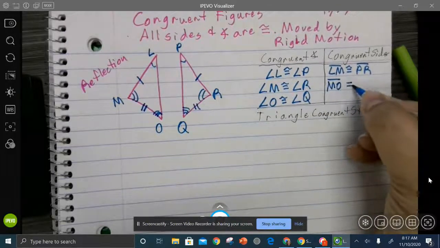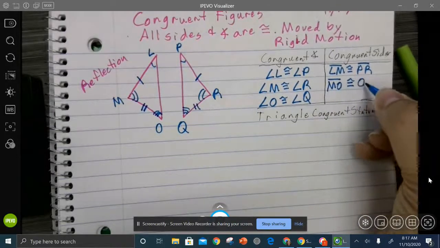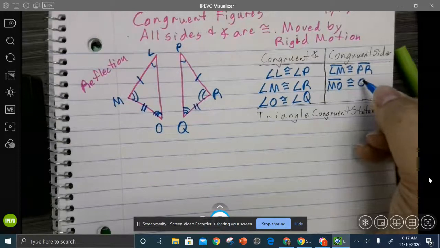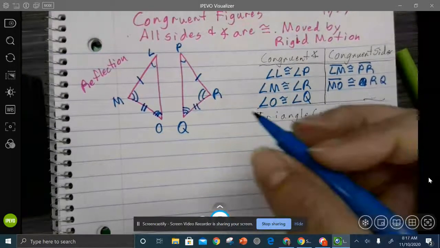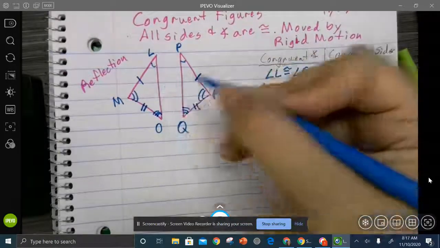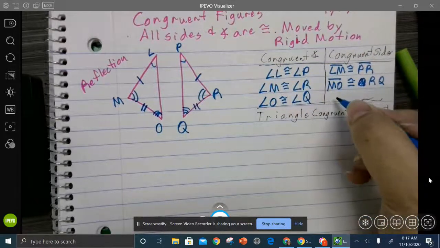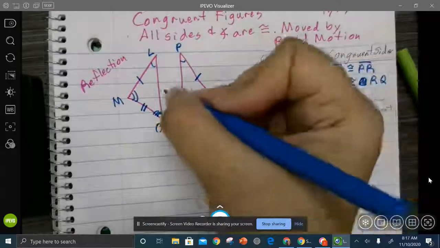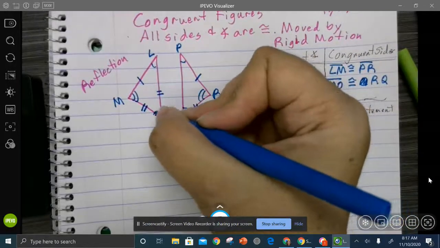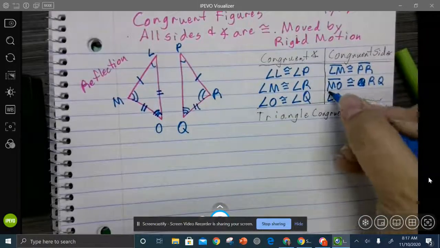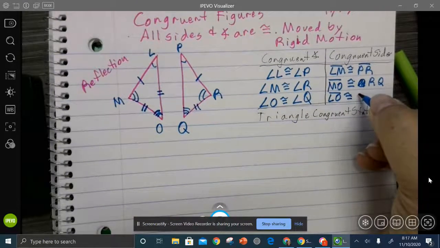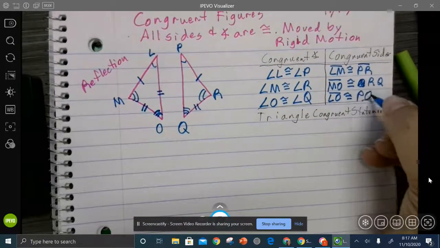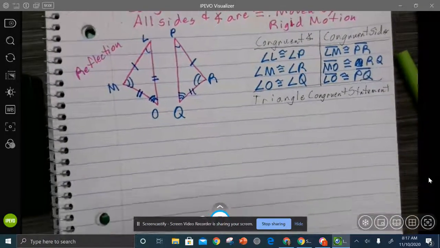So MO is congruent to RQ. Okay, and then we also have that side LO, which is between the third and the first one, is congruent to PQ.